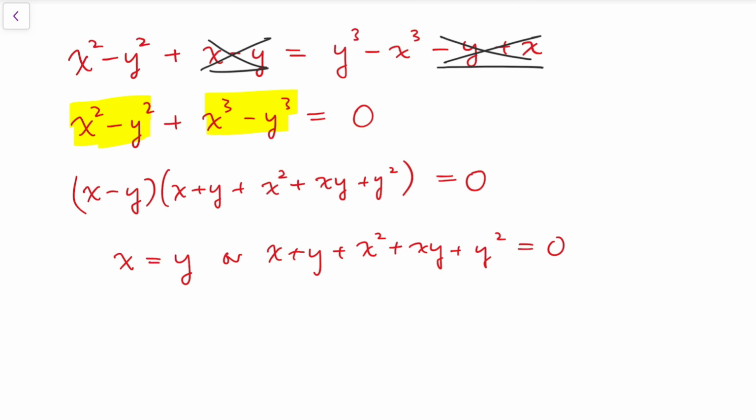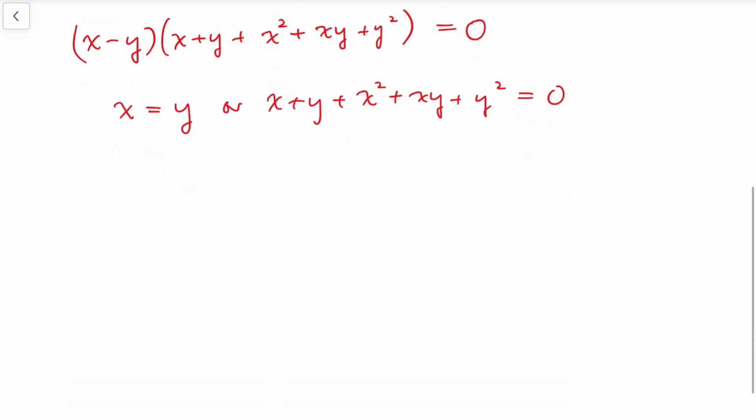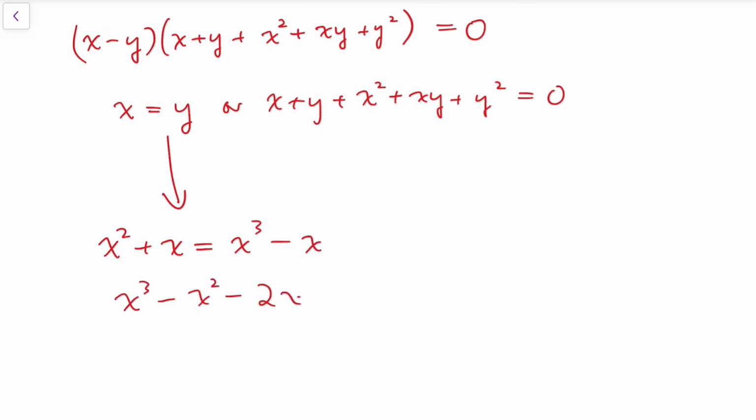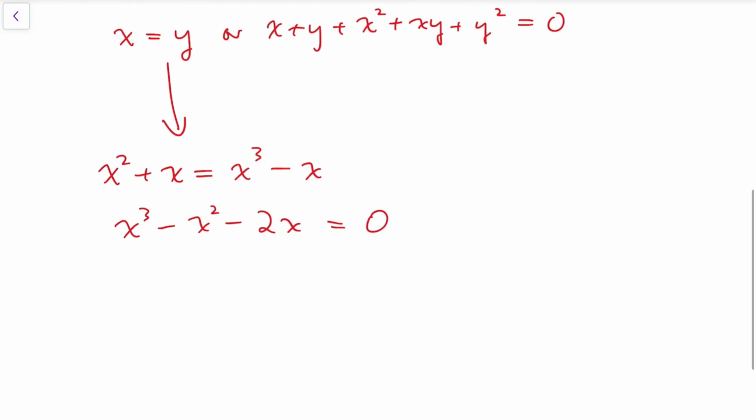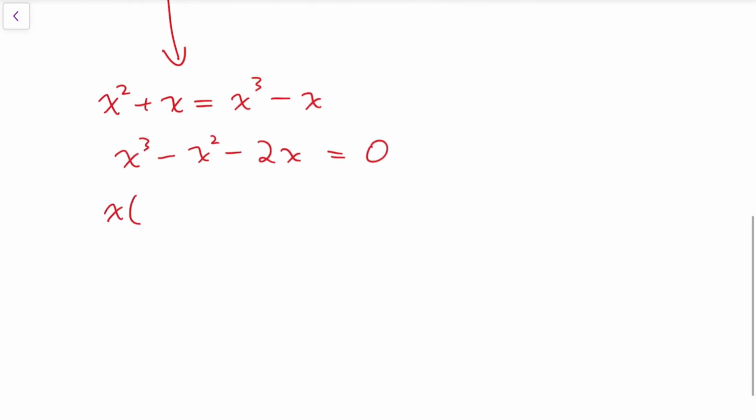Now if x equals y, then the whole thing is quite easy, because from the first equation we know that x squared plus x equals x cubed minus x. So we have a cubic equation, but actually it's just quadratic because there is no constant term. We can take out the x.